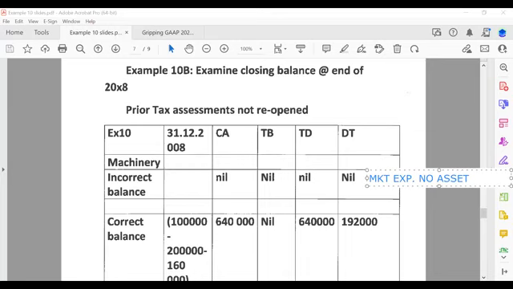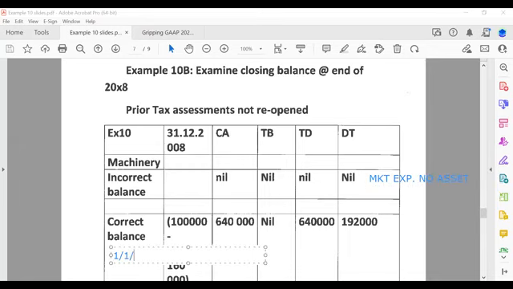In order to correct that, then, we now need to look at, well, what is our deferred tax correct balance? What should it be at the end of the X8 year on the first day of the first month of 20X9? So on the first day of the first month, 20X9, at the beginning of the year, how are we going to correct our balances?